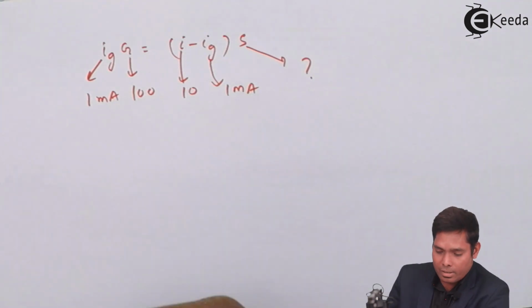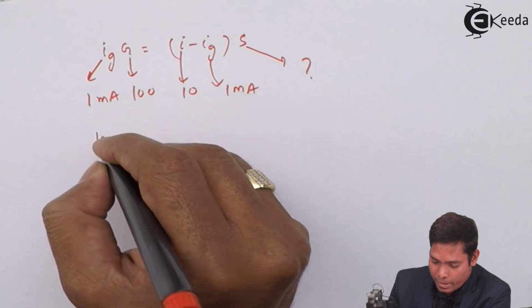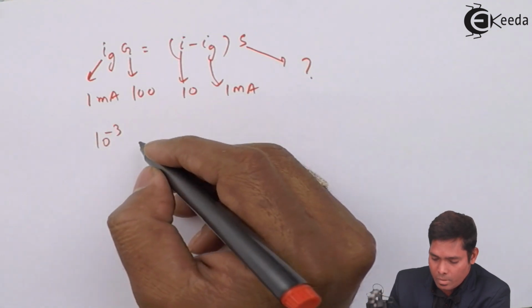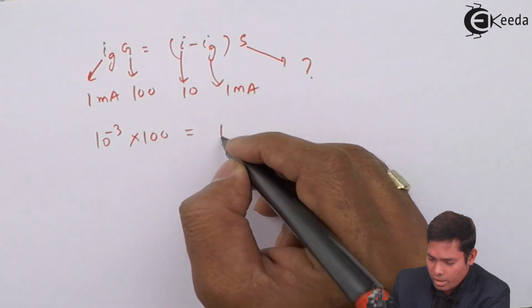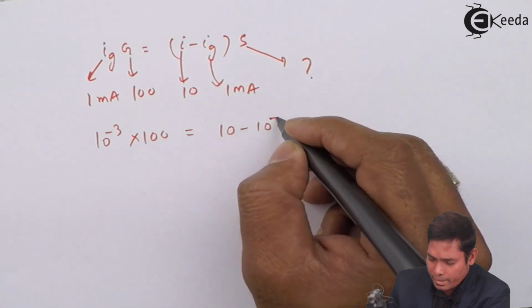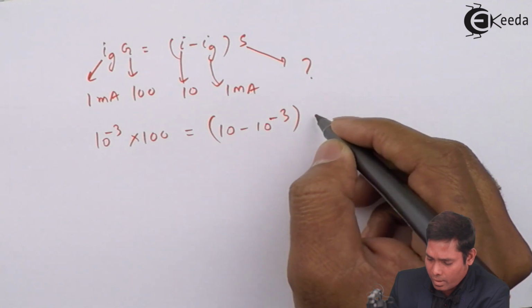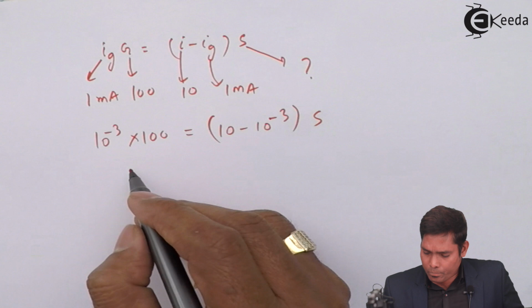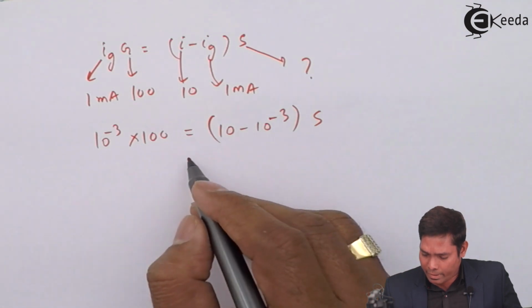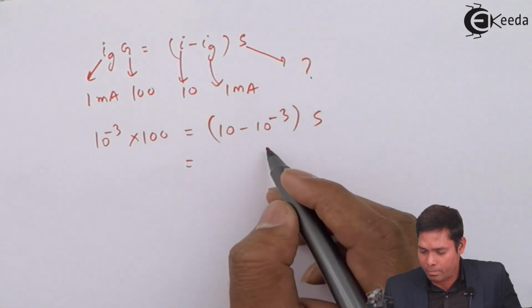If I solve that, this is 10 raised to minus 3 amps into 100, equals 10 minus 10 raised to minus 3 into S. If you solve this, you'll get the answer. I can write this as 10 raised to 1 divided by 10 raised to 3.